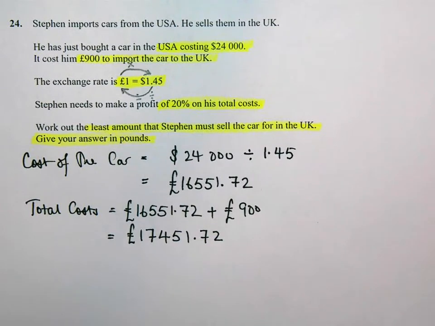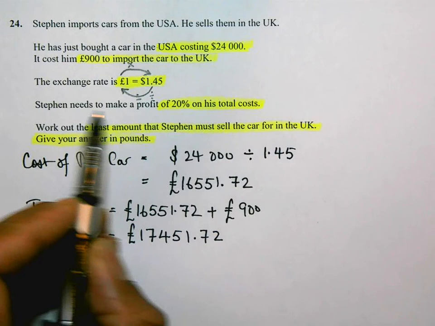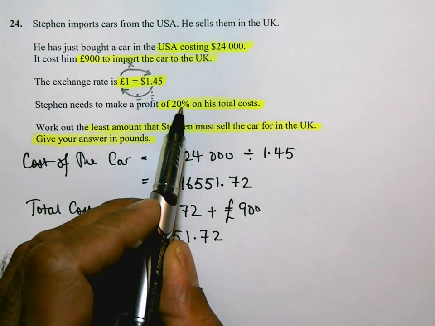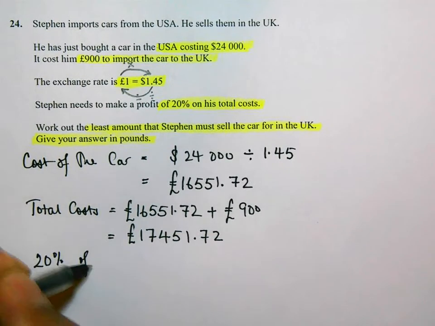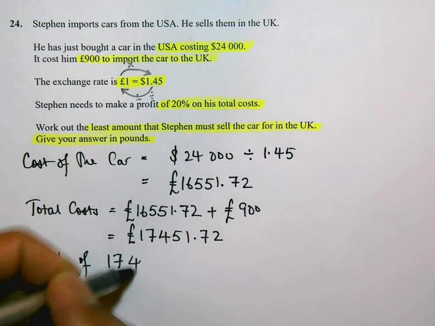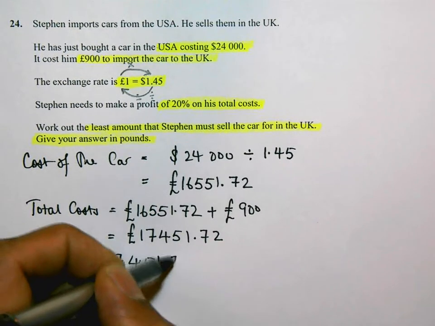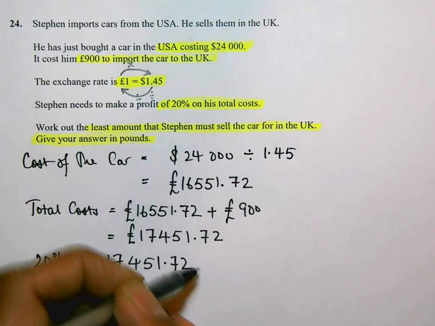The question says he needs to make a profit of 20% on his total cost. So I need to work out 20% of 17451.72. Now 20% is 20 divided by 100.